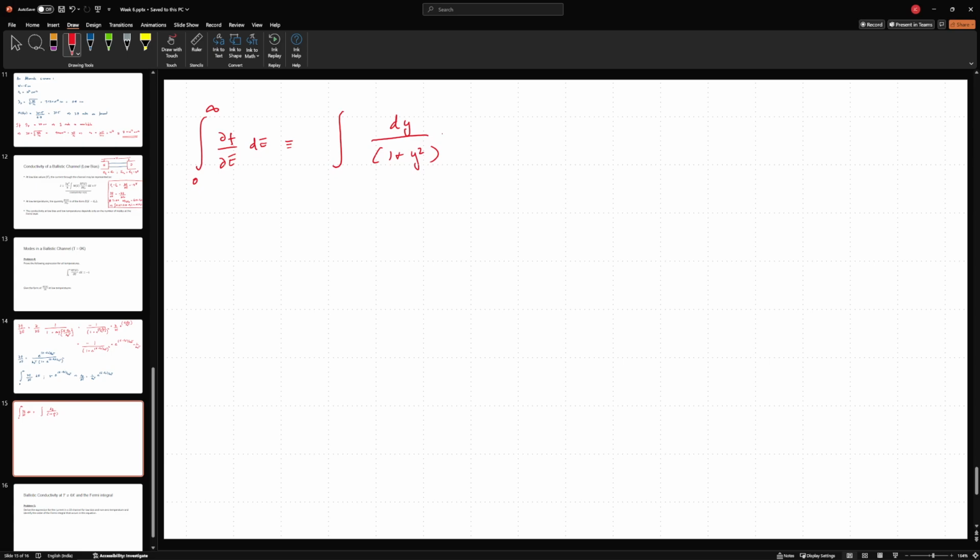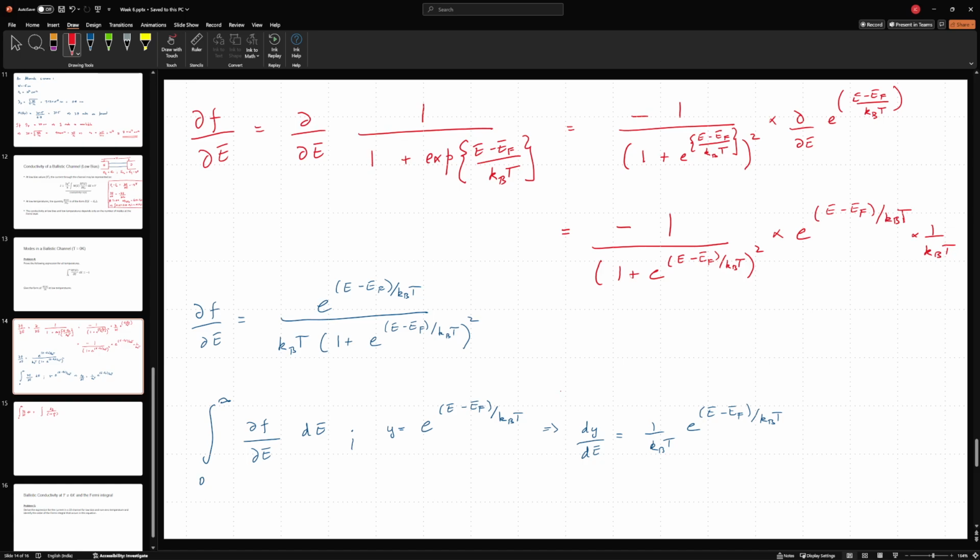Now where does y vary from? When E is 0, this quantity is going to be e to the power minus EF by kBT. And when E tends to infinity, this quantity diverges to infinity.